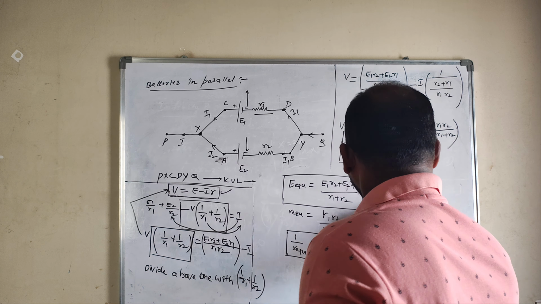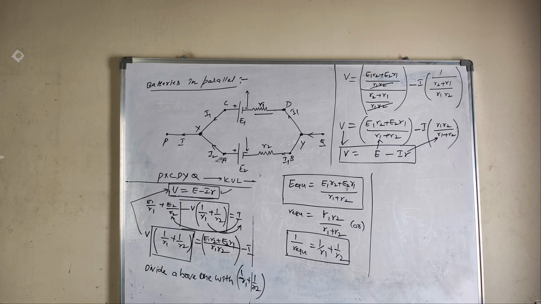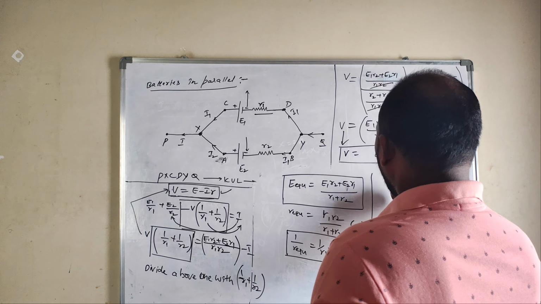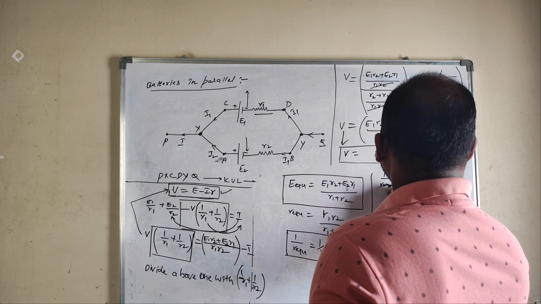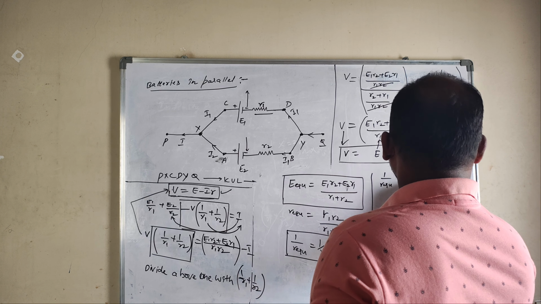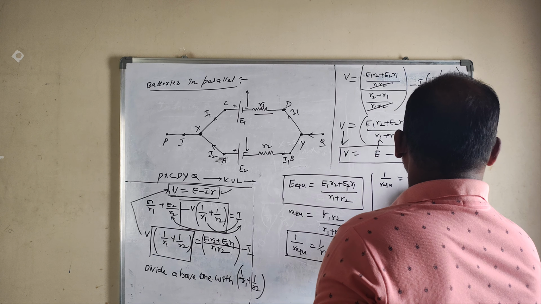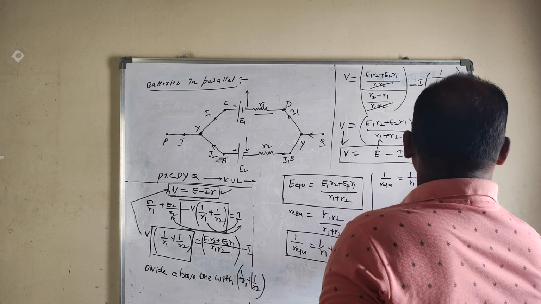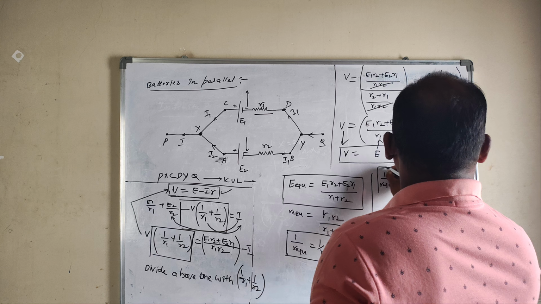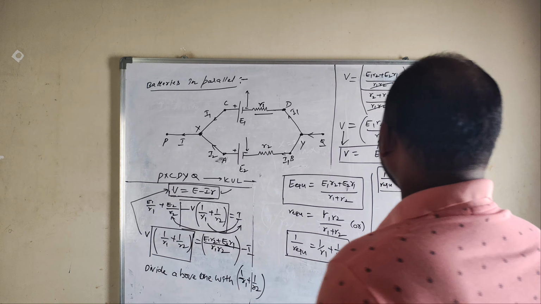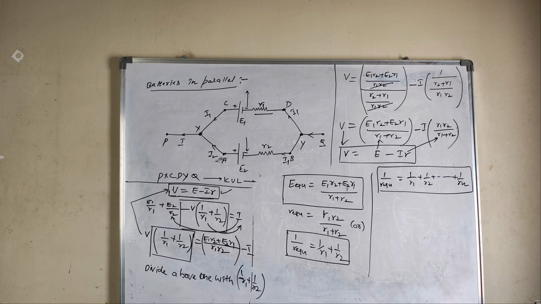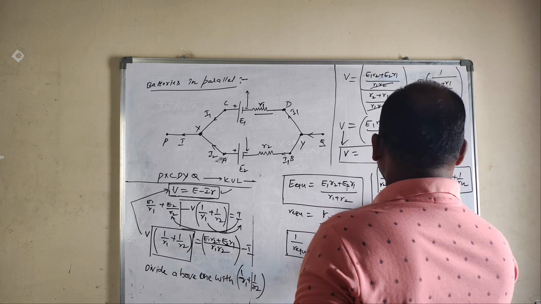Like this, if n resistances are there in our circuit, how do we handle it? 1/R equivalent is equal to 1/R1 + 1/R2 and so on plus 1/Rn. Here also equivalent EMF is there. How to handle it?